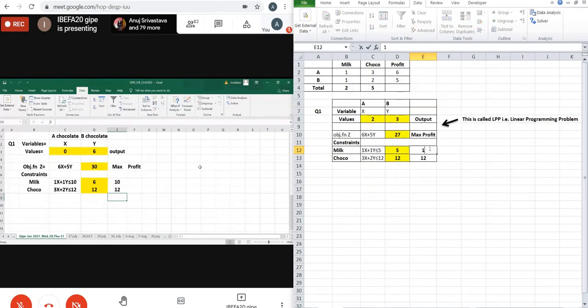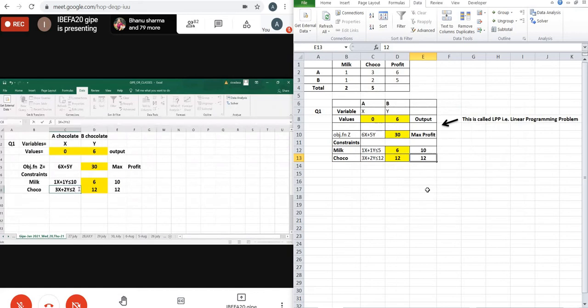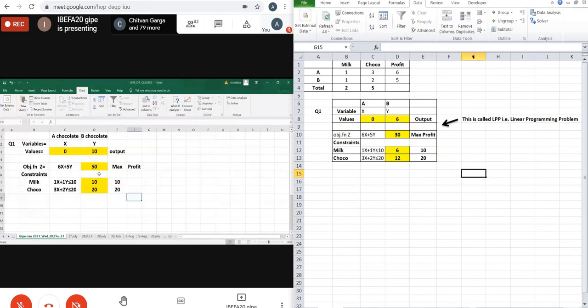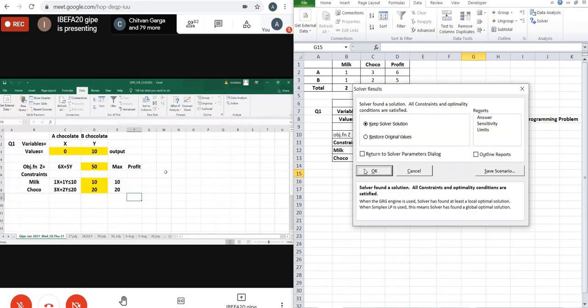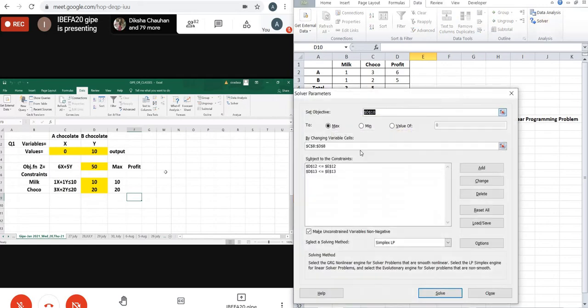Is complete milk used? No, sir. How much quantity of milk remaining? 4 units. Do we have extra choco? No, sir. So what he does, let me say, now, optimized. But did he produce a chocolate? Sir, zero chocolates.